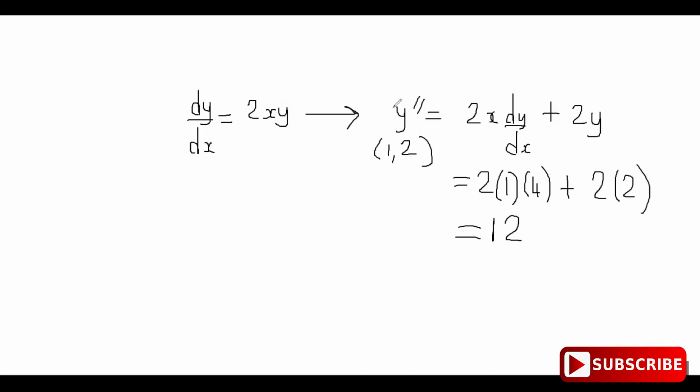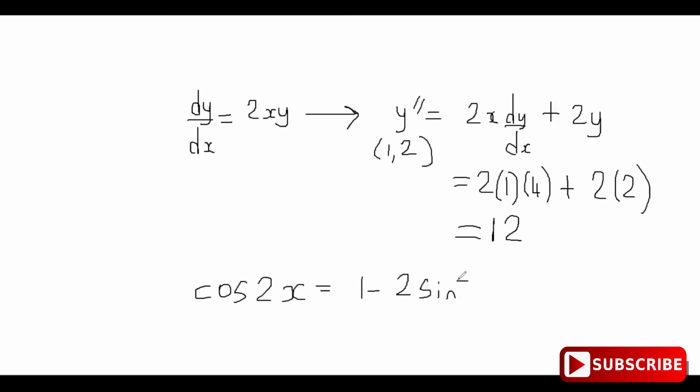we have to remember, first and foremost, this is the identity I want us to get familiar with. Cos 2x is equal to 1 minus what? 2 sine square x. 1 minus 2 sine square x. Very good.